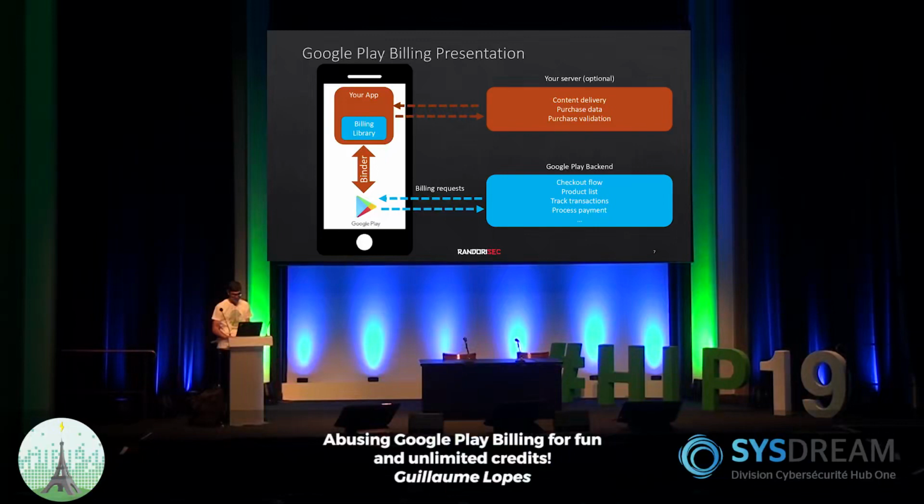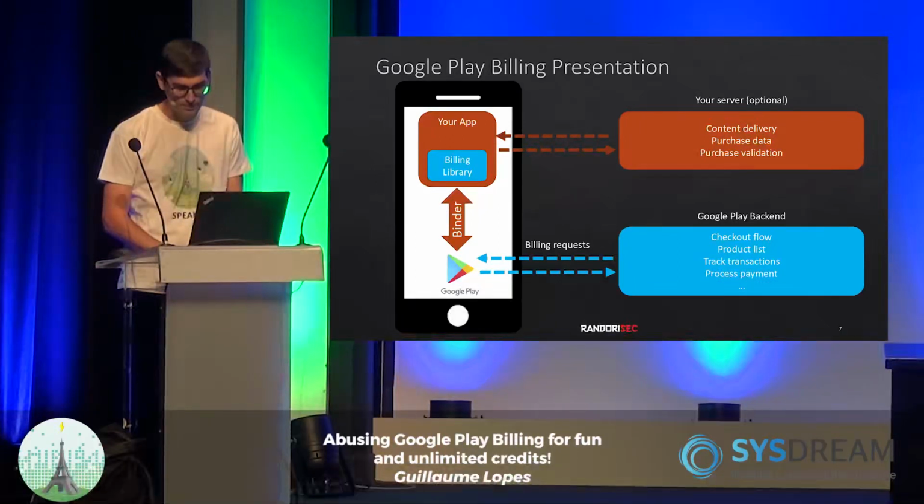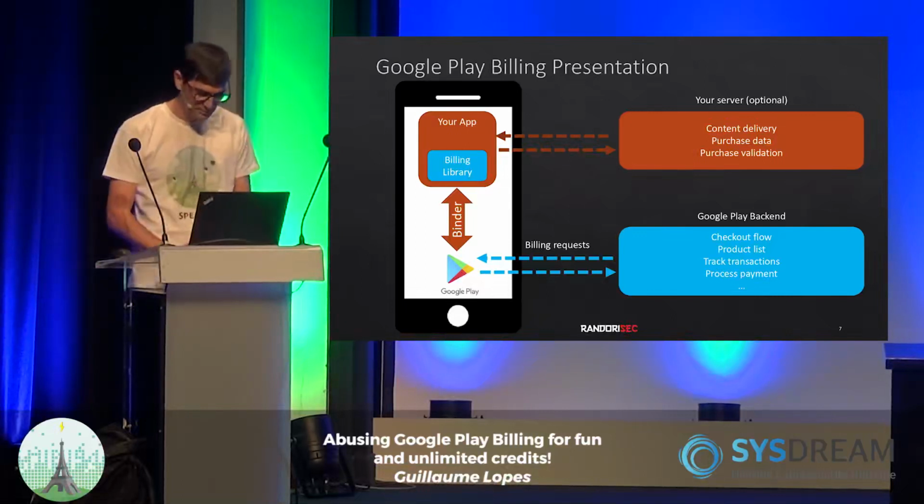The backend is not used only for that, but also to retrieve the product list that your app is selling, and also for tracking the transactions. For instance, you can imagine you are buying a magazine. If you already bought it, you can retrieve it without buying it again. And then optionally, the developer's app can have a server to perform the payment validation or to deliver the product, if you need to deliver the product with a third party.